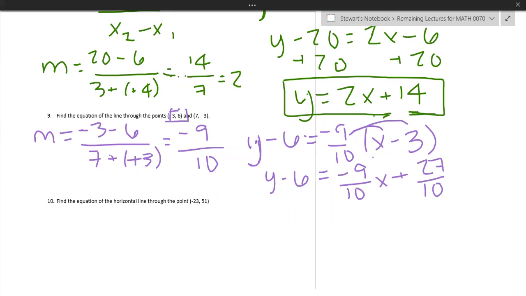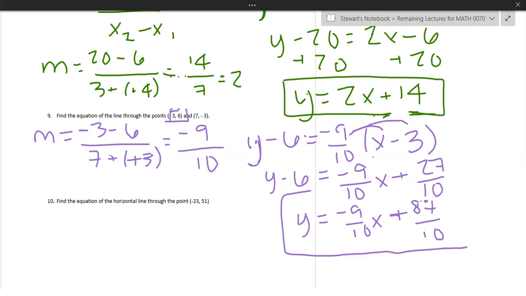So then when we add 6 to both sides, we have y is equal to -9/10 x plus 87/10. And there is our final answer.